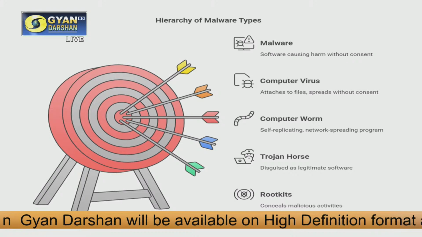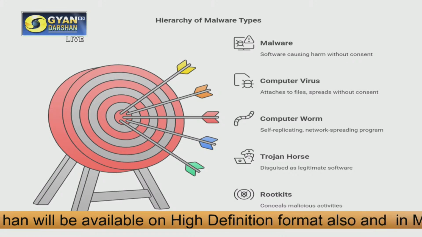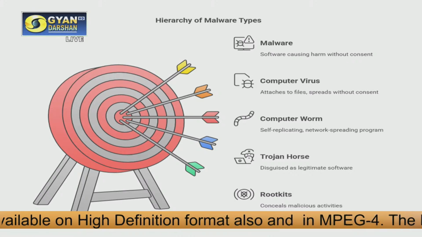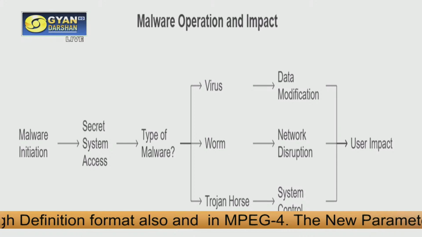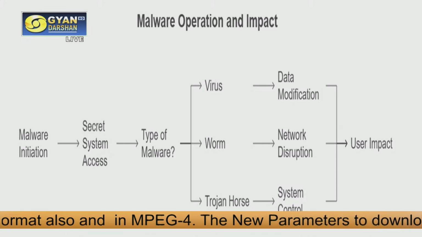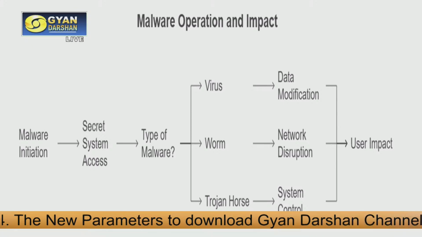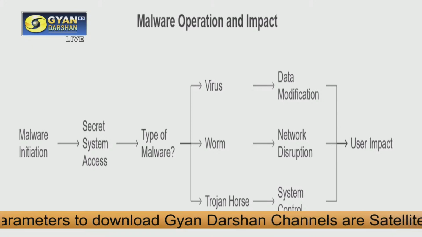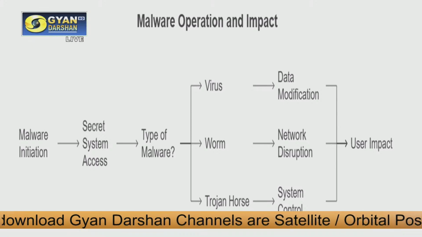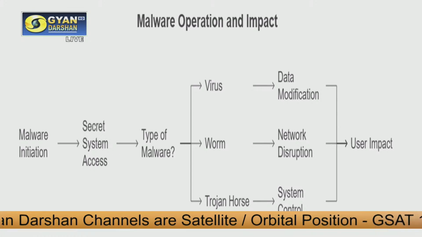And there are Trojan horses and rootkits. We will discuss Trojan horses and rootkits in detail. Now, how does malware operation impact the system? When the malware is initiated, it gets secret access to the system, and there are different types of malwares.